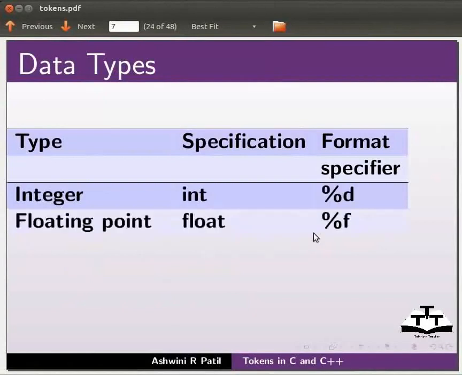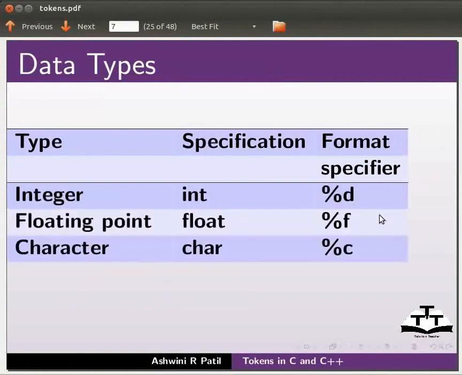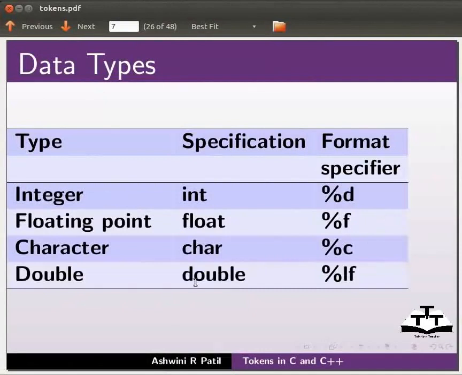Similarly, we will use float and %f for floating point numbers. For character data type, we will use char and %c. And for double data type, we will use double and %lf as the format specifier.